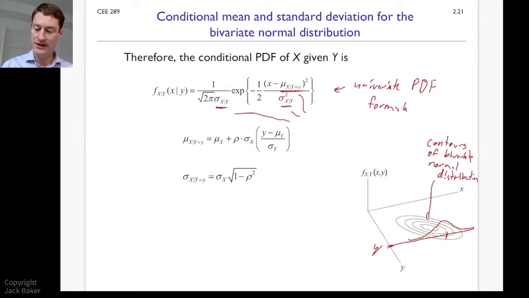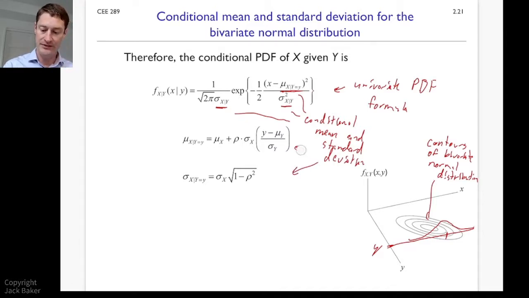So that's the new mean and standard deviation of this red conditional PDF that I drew in on my picture down below. So the distribution type is unchanged. It's normally distributed. It's just the means and the standard deviations that I have to update. Conditional should be conditional mean, singular, and standard deviation. And those things are easy to calculate from the formulas here down below.